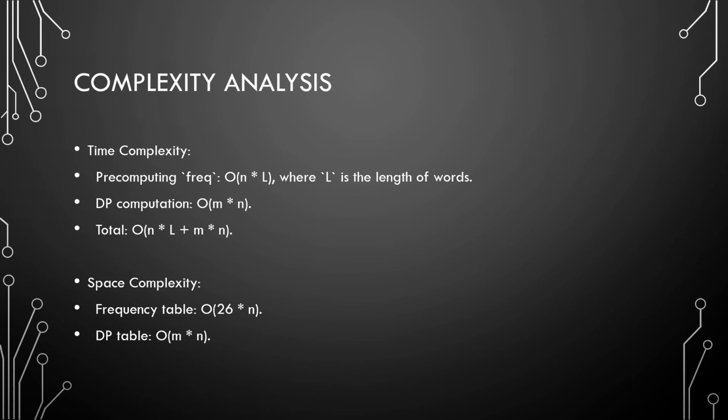Thus, the overall time complexity is O(n times L plus m times n). Space complexity. We use O(26 times n) for the frequency table and O(m times n) for the dynamic programming table.